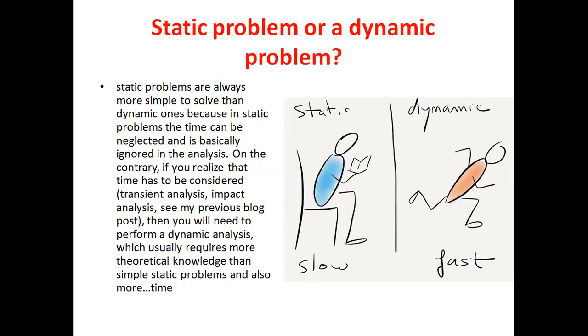In a static problem, time is very slow in nature, or you can neglect it. But in dynamic, time consideration is very important, and due to the time consideration, it is difficult to solve that problem. Okay.